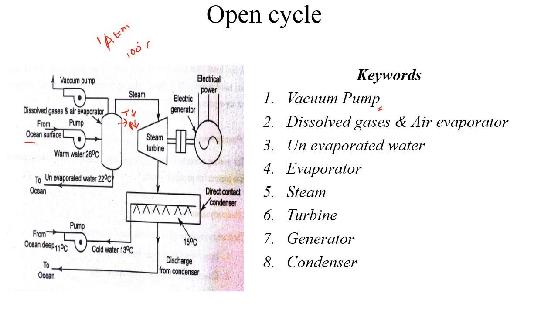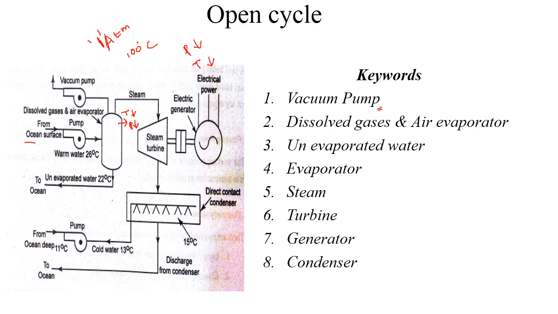When pressure gets reduced, the boiling point of water will also get reduced. So when we create a vacuum, the boiling point of water also gets reduced. So at a normal 26 or 22 degrees Celsius, the water starts converting into steam. Water gets converted into steam, right?